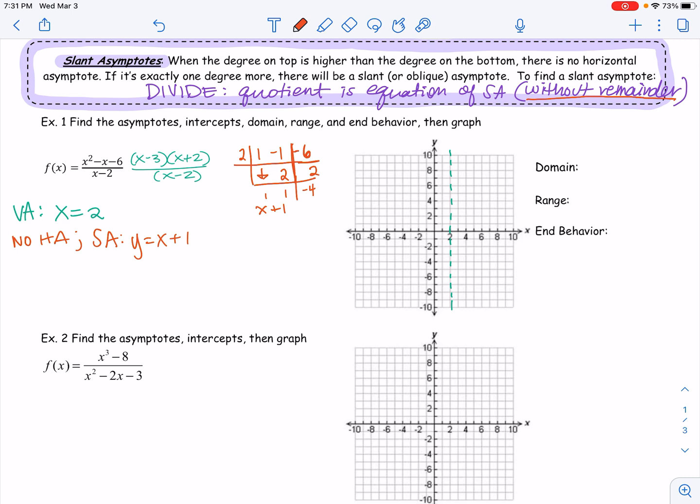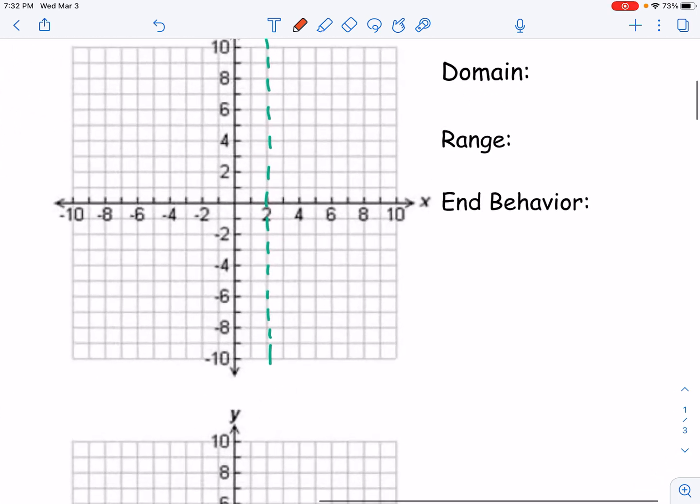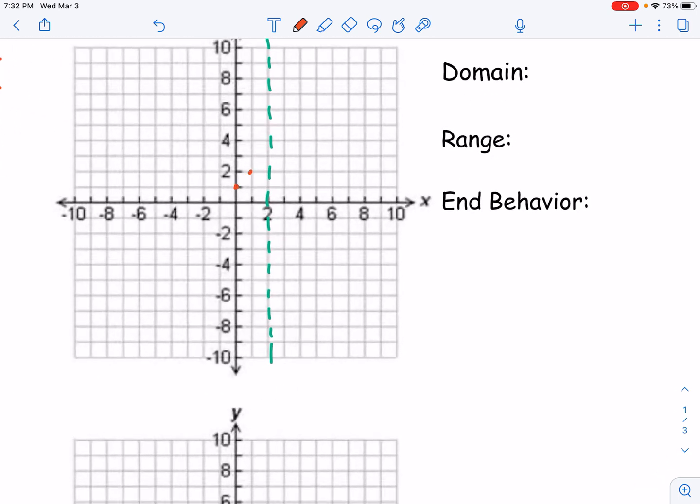Remember I said anytime we have a slant asymptote, it's always 1 degree higher. Therefore, we will always get a linear equation as our quotient. x plus 1 has a y-intercept of 1 and a slope of 1. So here is the line of that slant asymptote. And I'm going to just leave it as this dotted line because it's an asymptote anyway.